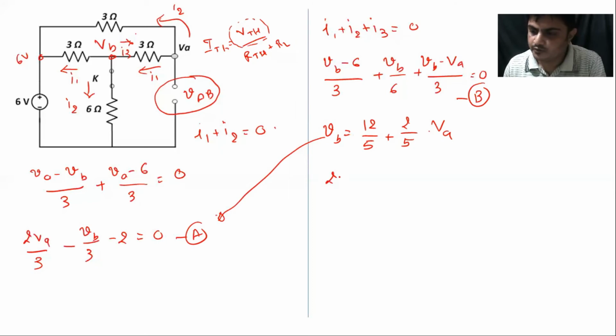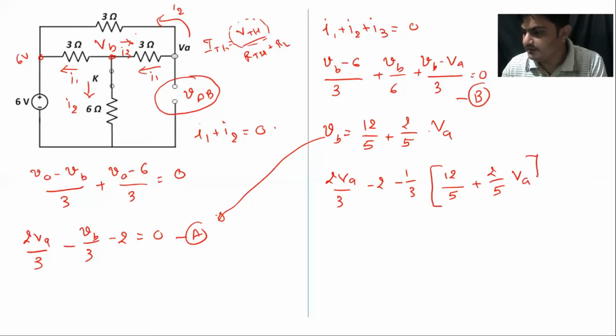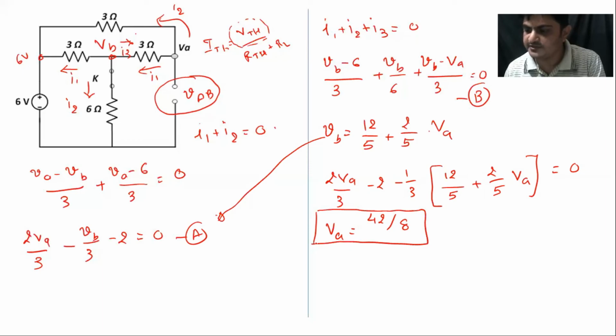So I will get 2 VA by 3 minus 2 minus 1 by 3, and instead of VB I can write 12 divided by 5 plus 2 by 5 VA, that is equal to 0. If I simplify this, I will get VA equal to 42 divided by 8. This is my VA, and this is also the potential difference VAB because VB is 0.